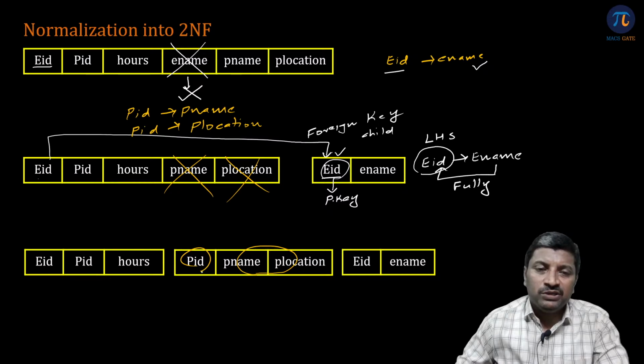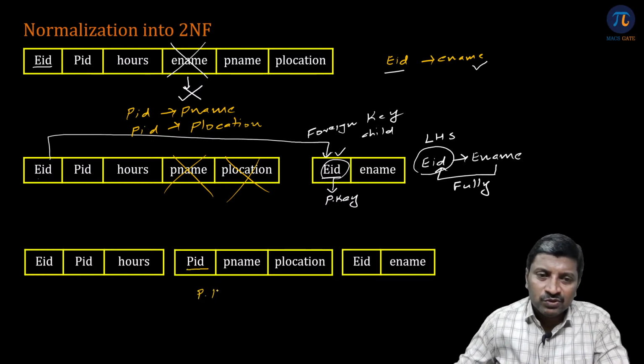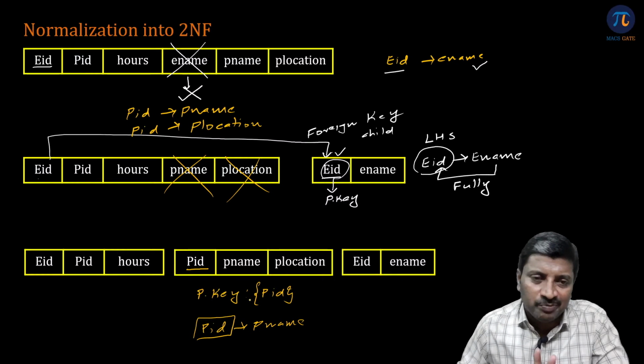Hope you understood it. So in this example, this is the primary key for this table. The primary key for the second table is project ID. Whenever you have this, we'll have only project ID implies project name. On the left side I have only one attribute, so there is no concept of partial dependency.